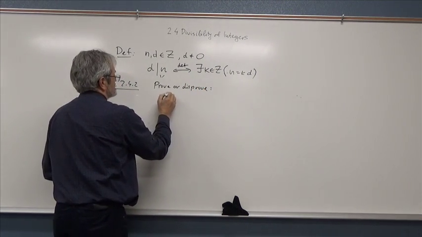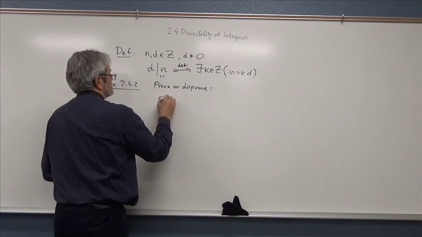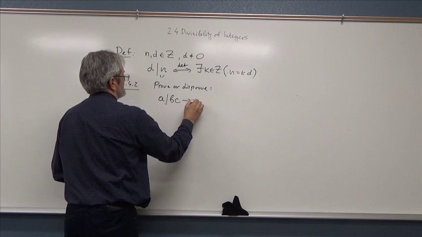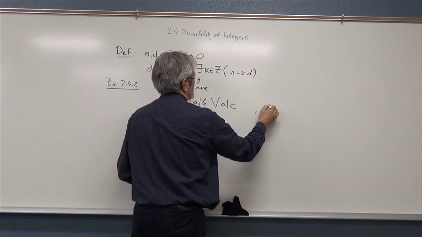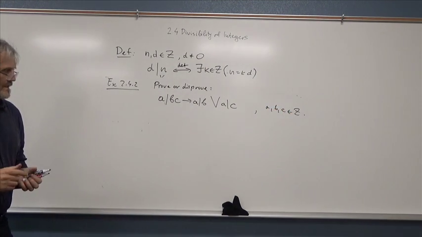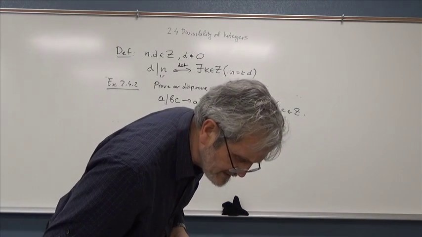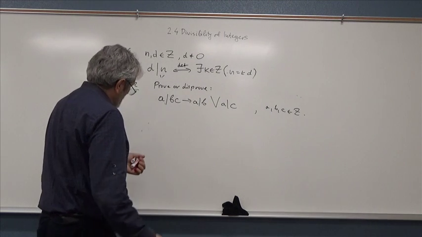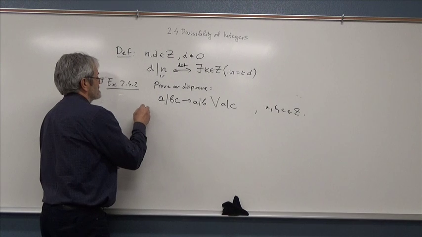For integers, if a divides bc, then a divides b or a divides c, for a, b, c integers. So the question is, is this statement true? I think that's how we formulate it there. We can actually say it's not true, so I'll give a counterexample.